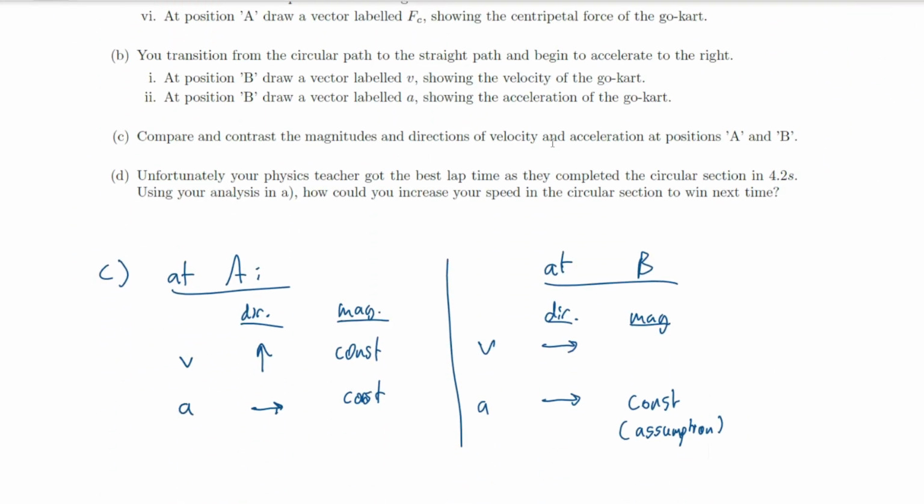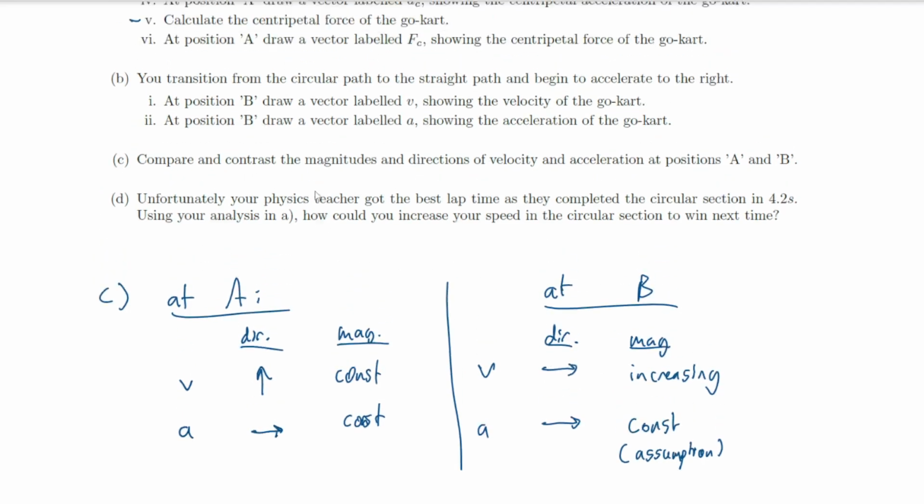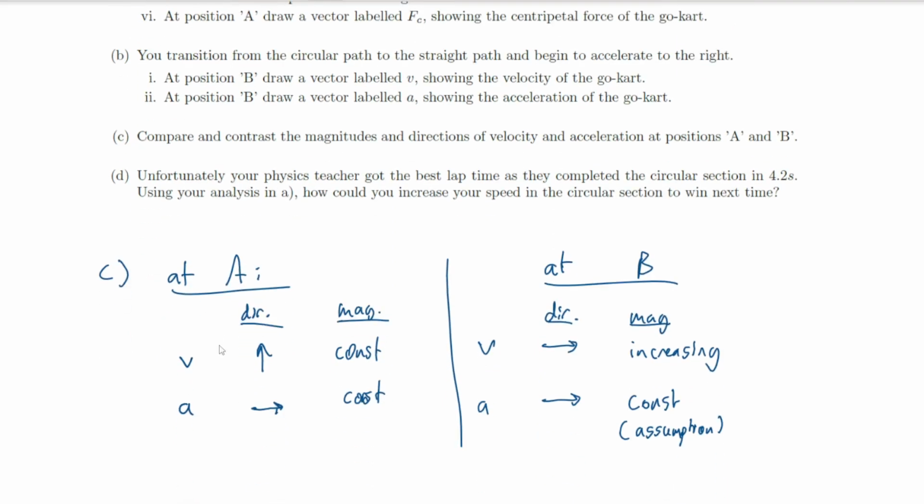So that's what I'm going to assume. And so looking at our table here, at A, we've summarized the directions and magnitudes, and at B, we've also summarized the directions and magnitudes of both velocity and acceleration. Now your task would be to put this into 4 sentences, for each parameter, for each position.